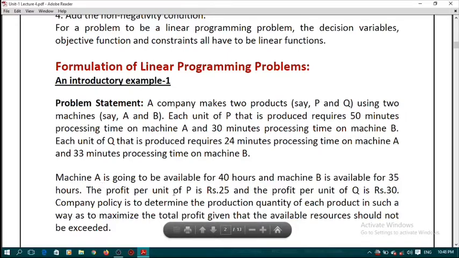The profit per unit of P is rupees 25 and the profit per unit of Q is rupees 30.